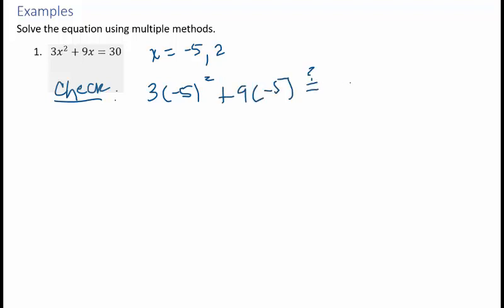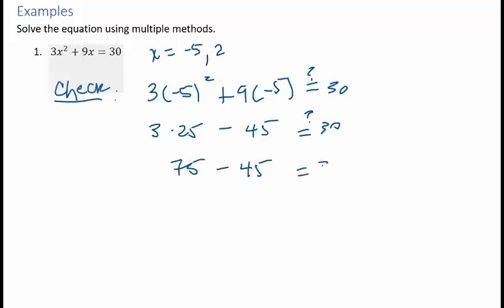We want to see if this results in 30. That's 3 times 25 minus 45, which is 75 minus 45, equal to 30. So -5 is definitely a solution to this equation.